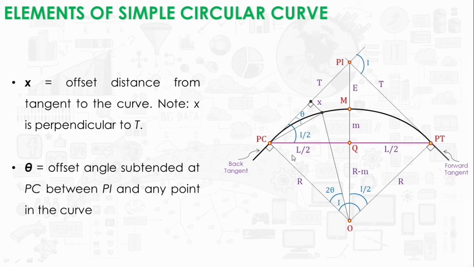And since this is isosceles triangle, ibig sabihin ito 90 minus theta ulit. Di ba? Summation of interior angles of the triangle is 180 degrees. So 180 degrees minus (90 minus theta) minus (90 minus theta), ilan na lang matira? Si 2 theta. Kaya siya dyan is equal to 2 theta.